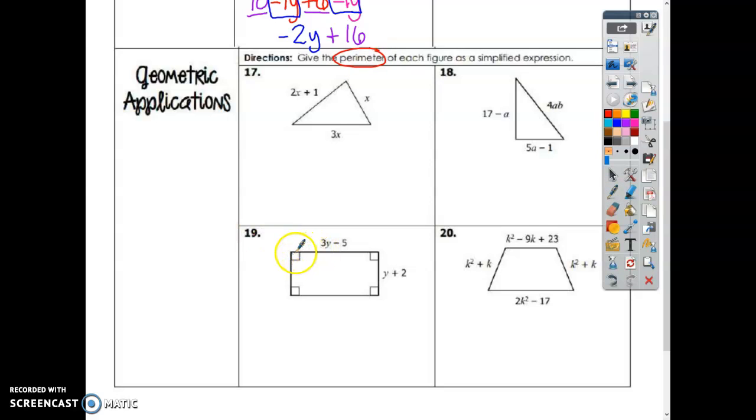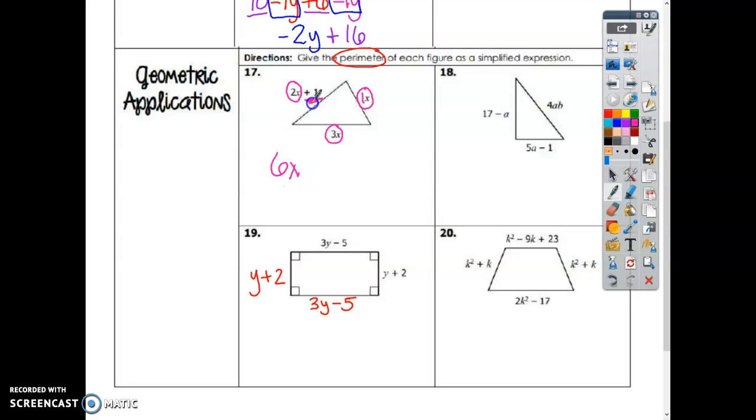Now for number 19, this is the same as this. So 3y minus 5 goes here. And then this side is the same as this side. So that's y plus 2. So we're just going to add up everything. So right here I have 1, 2, 3 x's that I can add. What's 2 plus 3? 5 plus 1? 6x.